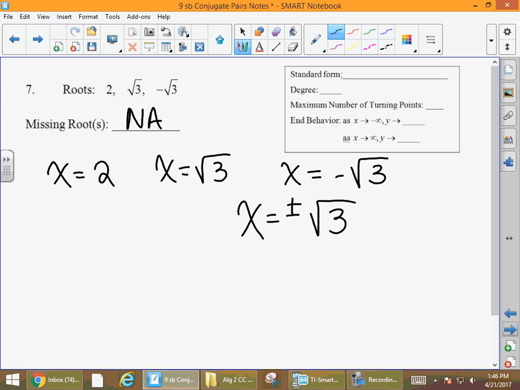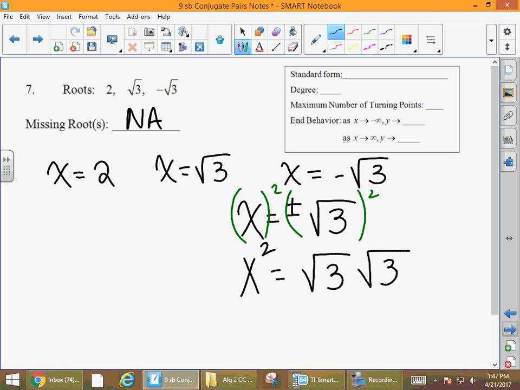These two together, here's positive, here's negative. So what we can do then is square both sides. And squaring both sides means that our polynomial part there on the right is always going to be positive. So we get x squared equals square root of 3 times square root of 3.